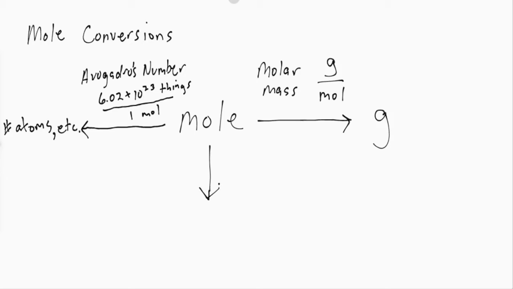Finally, the other one you need to know is that you can go from moles of a gas to the volume, in liters, of a gas. And this is another conversion factor.